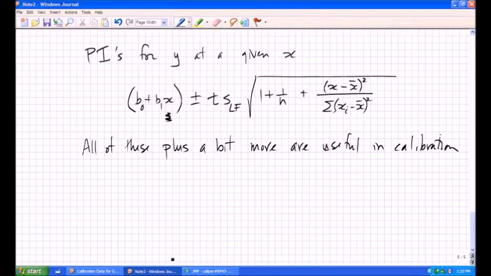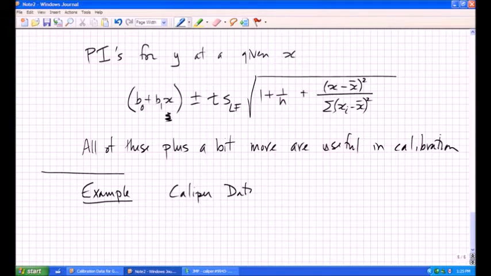So if I go back to a place where I can write and talk about the caliper data, this S for line fitting is this number 0.031453, and that has the units of the readout, and so that's in millimeters.